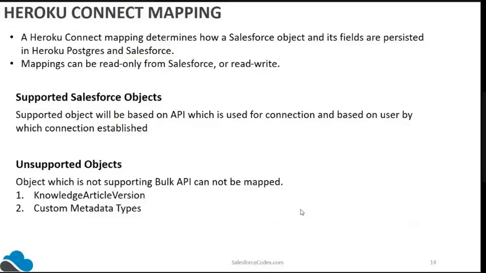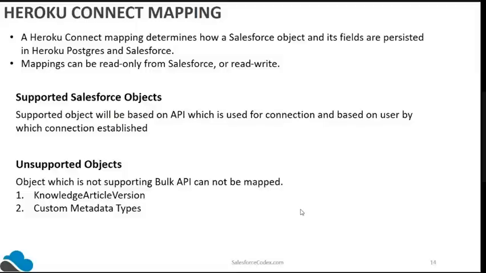Now, we have two systems: one is the Salesforce system, and the other is the Heroku Postgres system. If you want to sync two systems, you need some kind of mapping. What is mapping? In Salesforce, there is the concept of an object; in Postgres, there is the concept of a table.